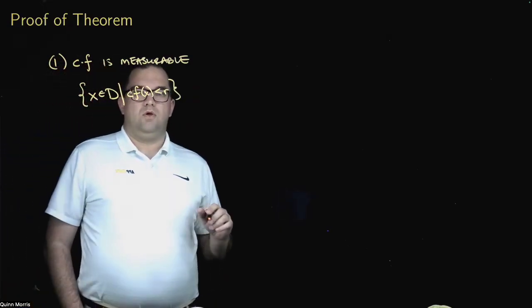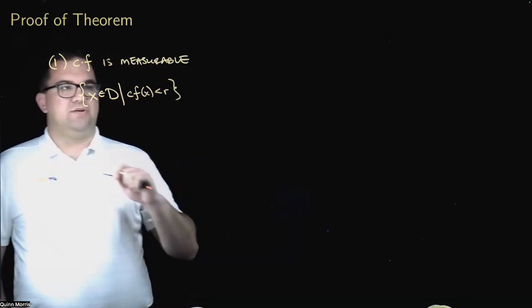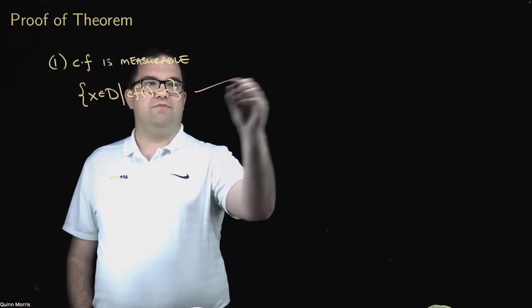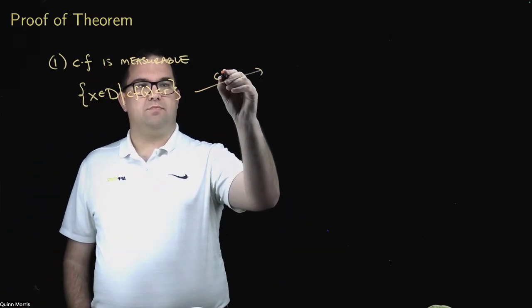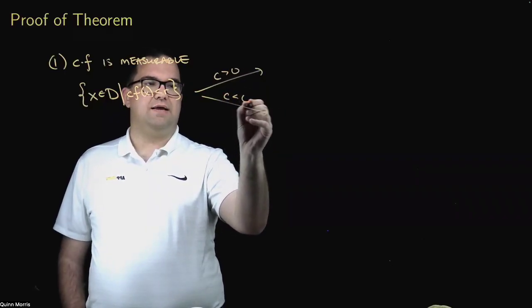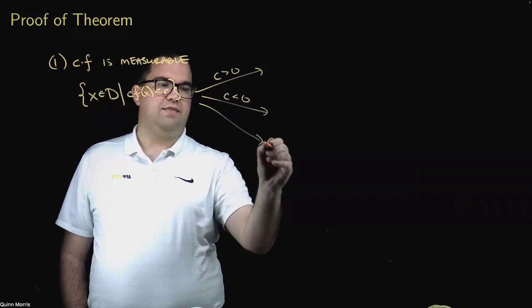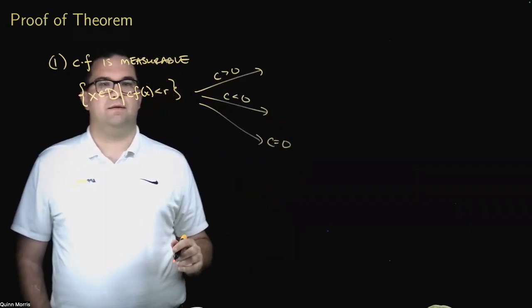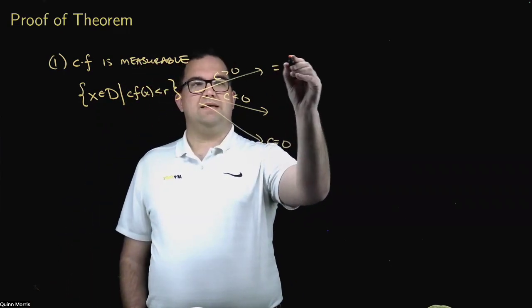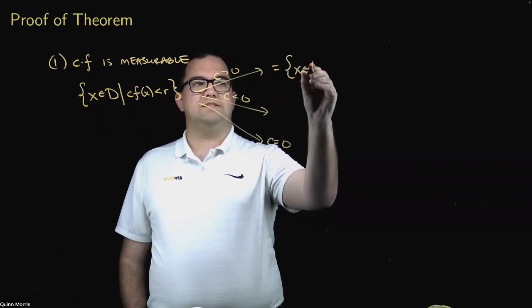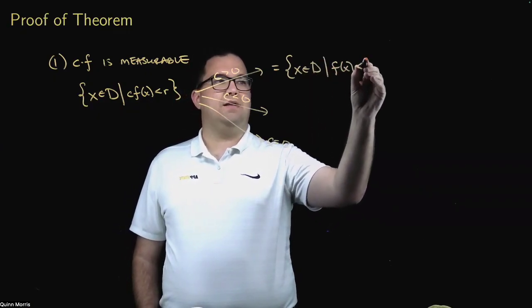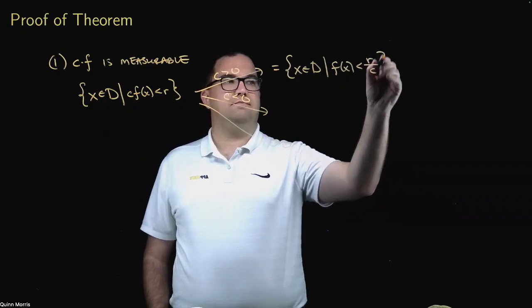Okay, but I know that f is measurable. So what I'm going to do is break this out into a couple of different cases: the case that c is positive, that c is negative, and that c is 0. Okay, so if c is positive, then this set is equal to the set of all x in D such that f of x is less than r divided by c.